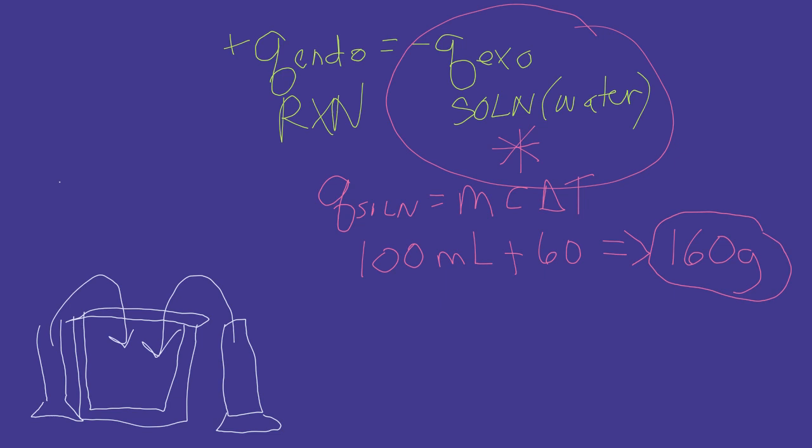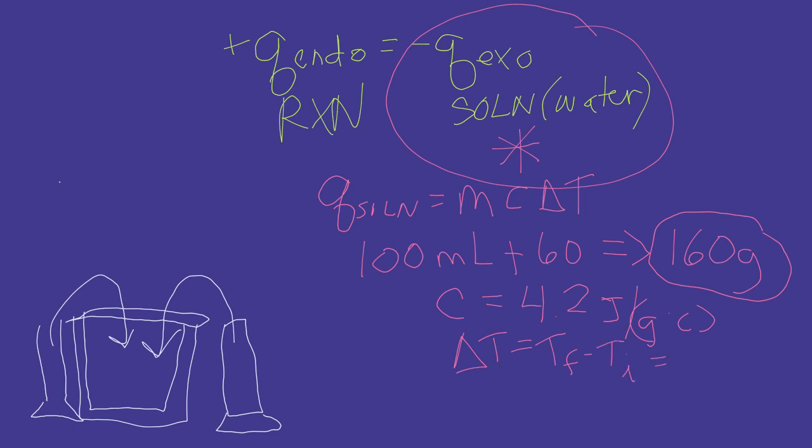We're also going to use the specific heat. It didn't tell us in this problem, but we're going to assume 4.2, and the units are joules per gram degrees C. That's your specific heat. Then your change in temperature is T final minus T initial.